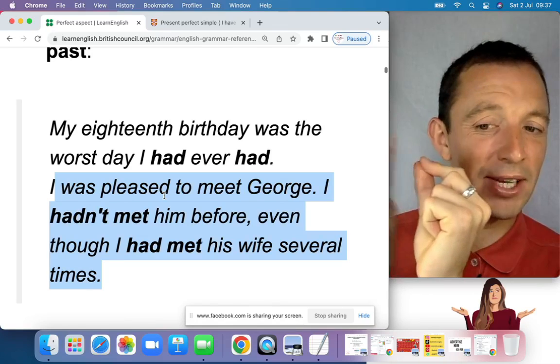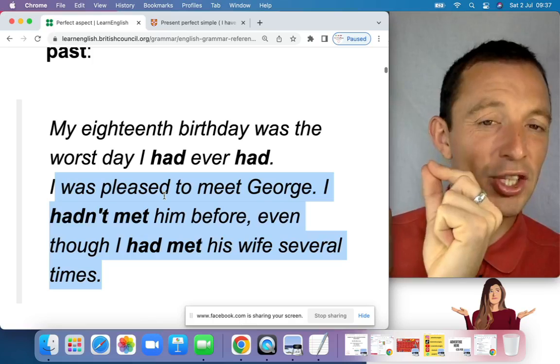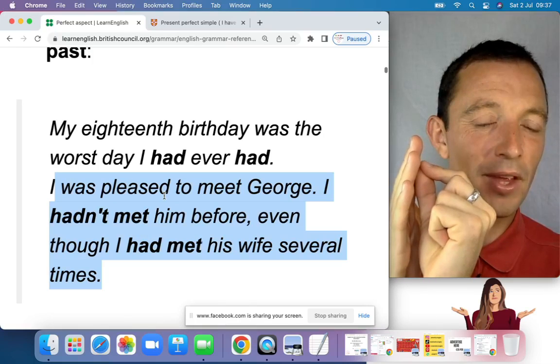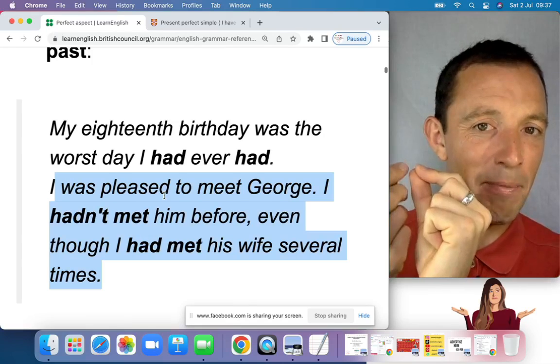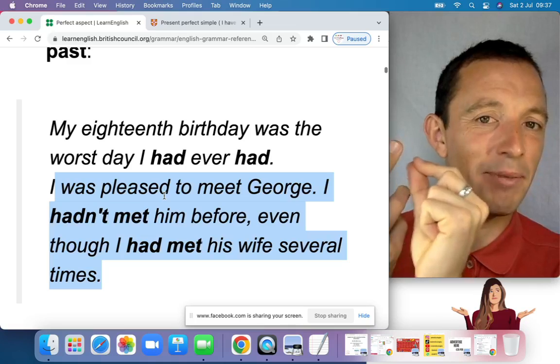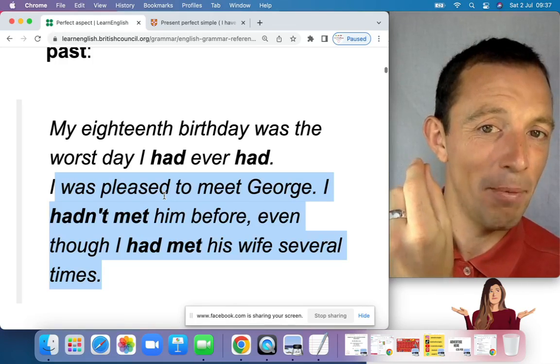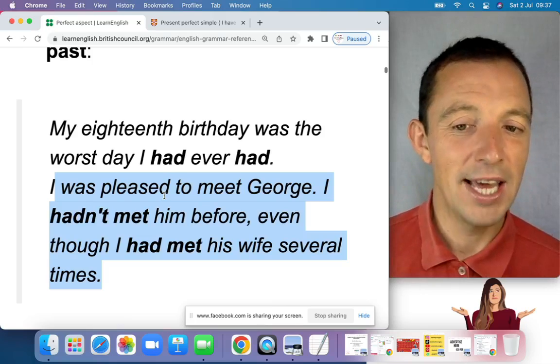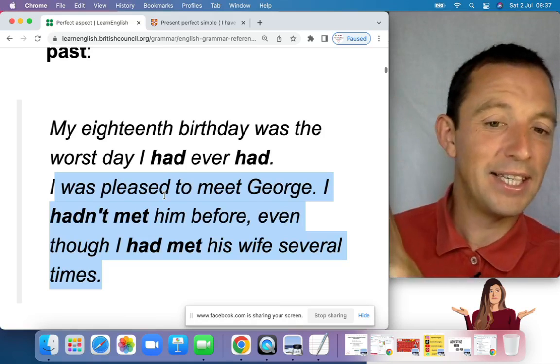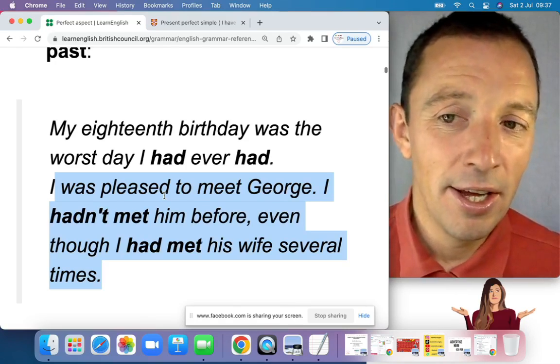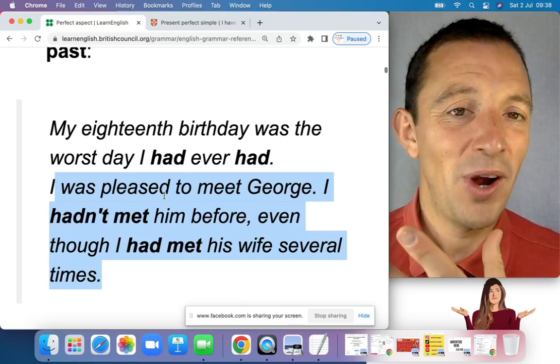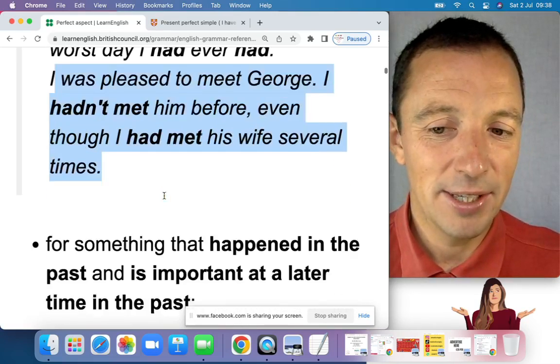So your experience in the past until that moment, I had never met him. I had not met him before. So that's the past perfect before the particular perspective and moment in the past. Okay, even though I had met his wife several times. So this is considered your experience in the past.